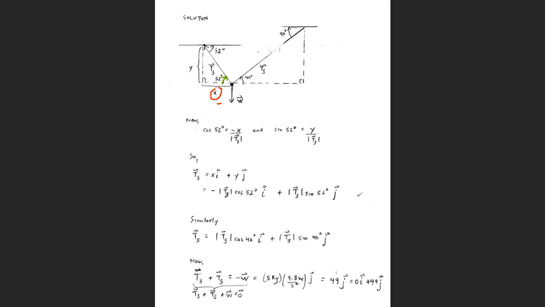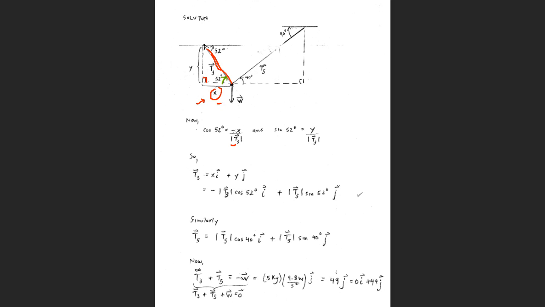So the cosine of 52 degrees for this right triangle is equal to the negative of that x divided by the hypotenuse. Sorry, I'm not drawing it great here, but that hypotenuse would be the length of T3.